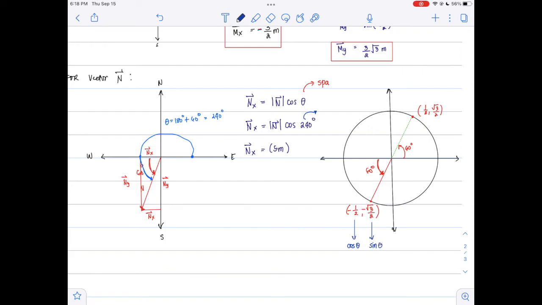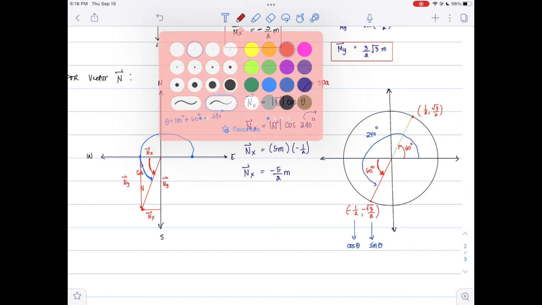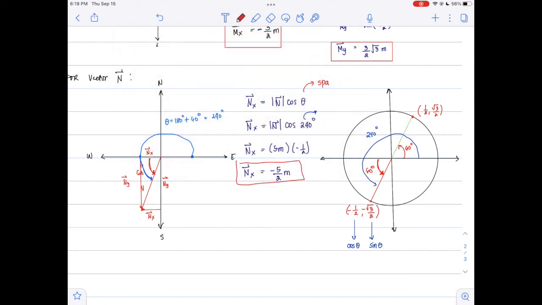So cosine 240 is negative 1/2. Okay, so it's just negative 1/2. So you see, no calculator needed. So what we get is negative 5 over 2 meters. So that's my x component for my vector n.